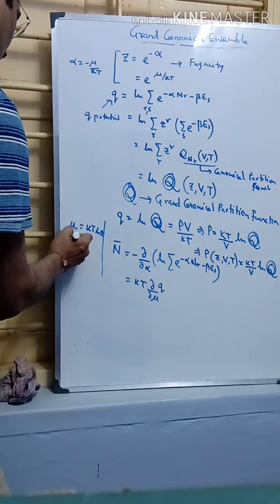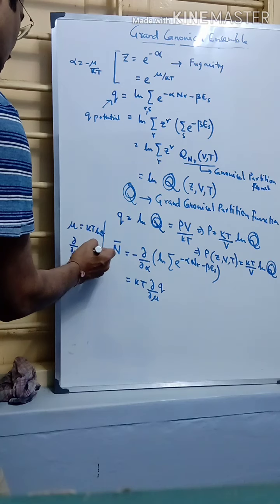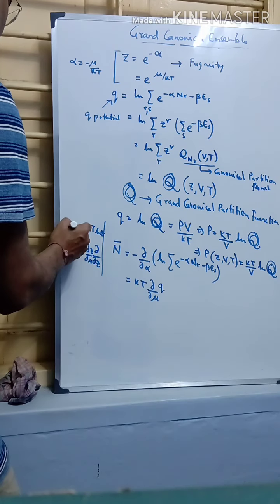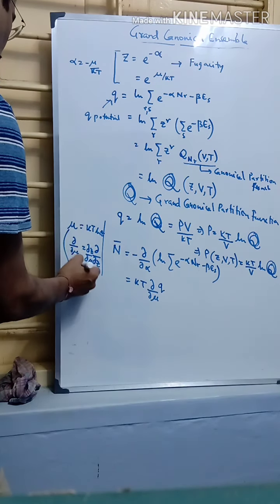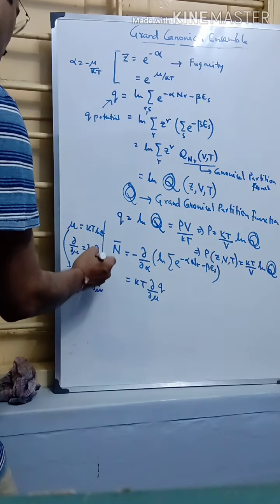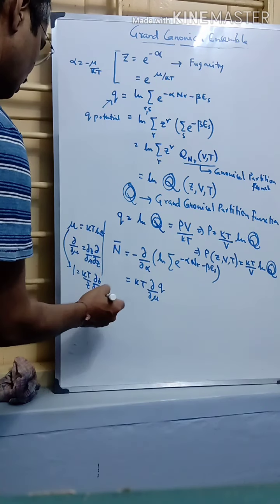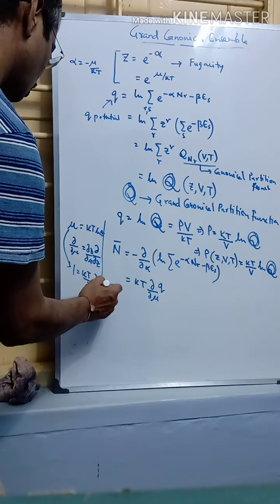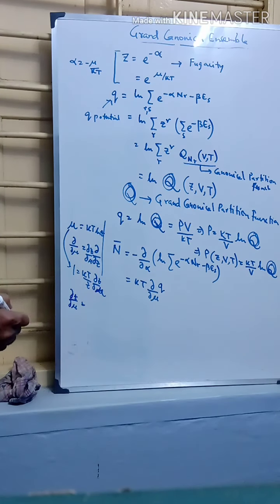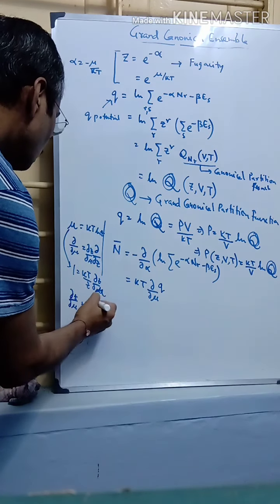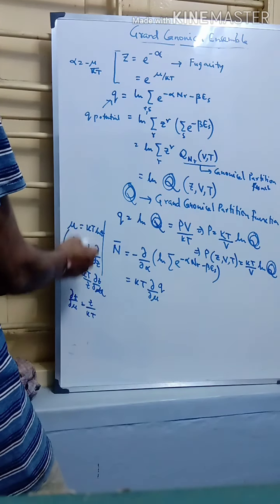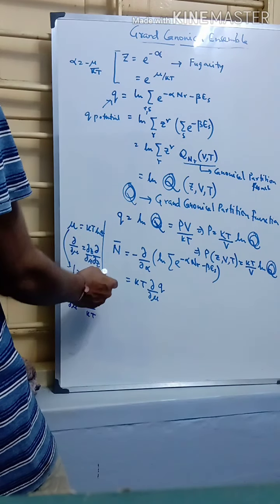So del mu can be written as del z into del z del mu, which is basically equal to kT by z del z del mu. So del z by del mu is equal to z by kT.